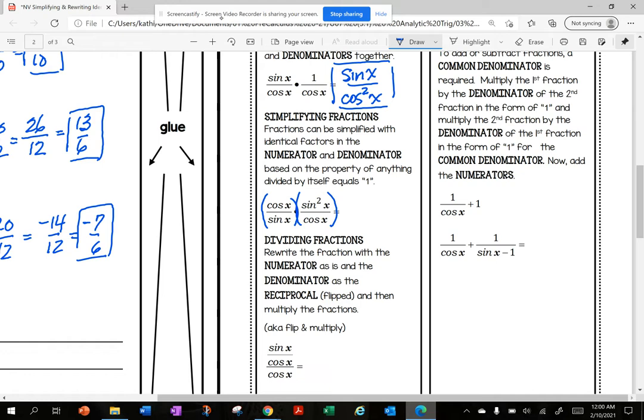So cosine in the numerator divided by cosine in the denominator is 1. So I have sine squared in the numerator and a sine in the denominator. So 1 sine from the denominator simplifies with 1 sine in the numerator. So I'm just left with sine of x.